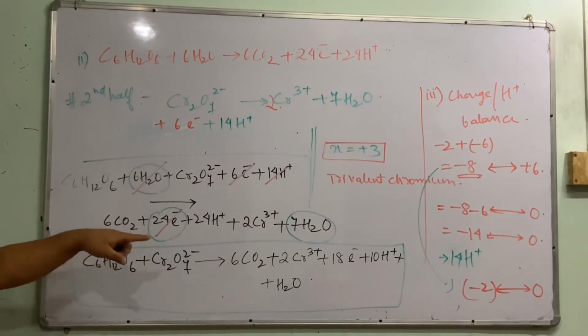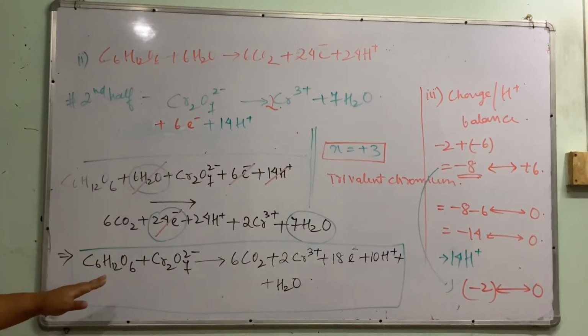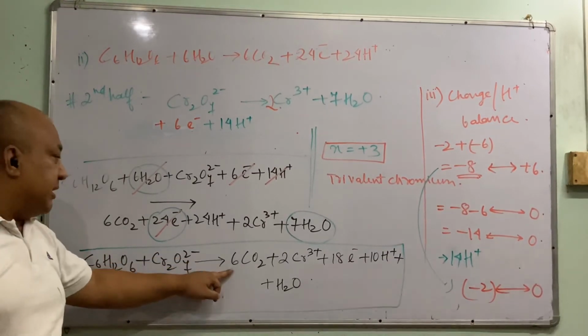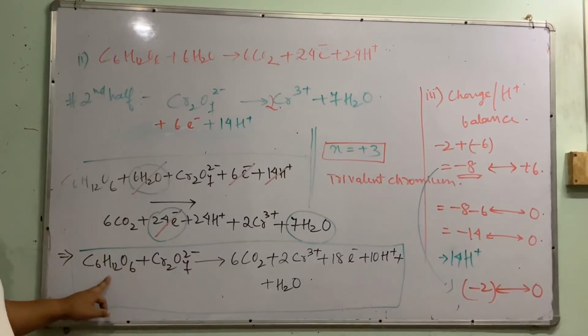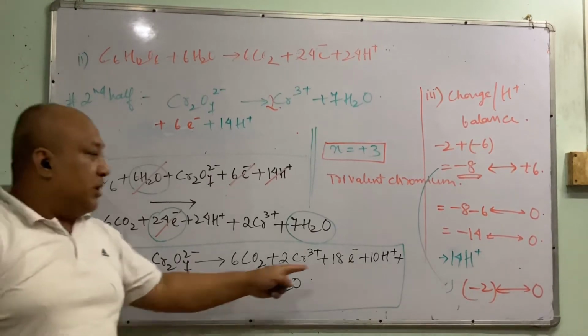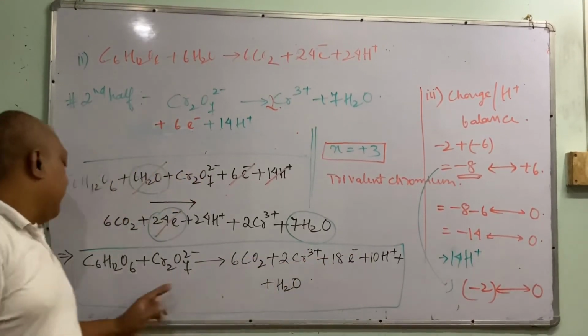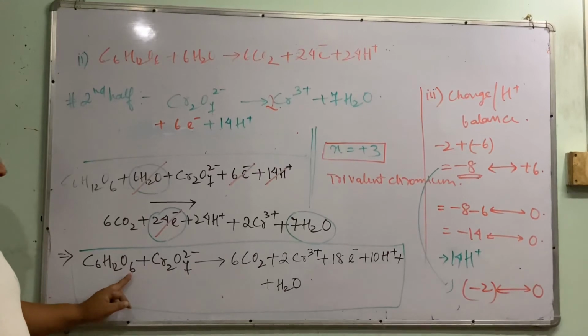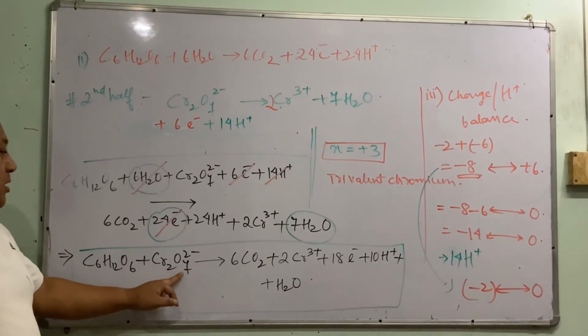Now you can check whether carbon is 6, hydrogen is 12, hydrogen is 10 plus 2 is 12, oxygen is 6 plus 7, 13 oxygen.